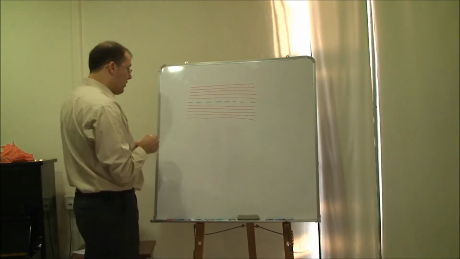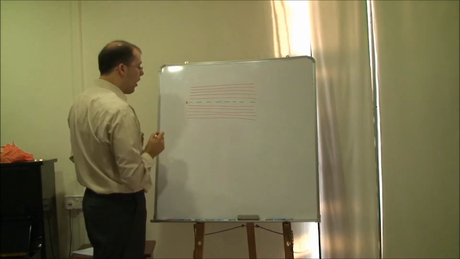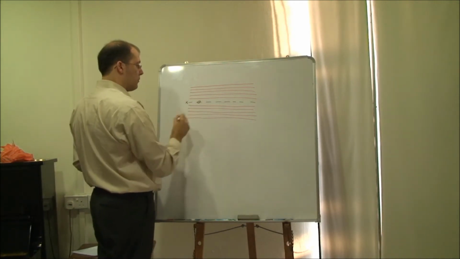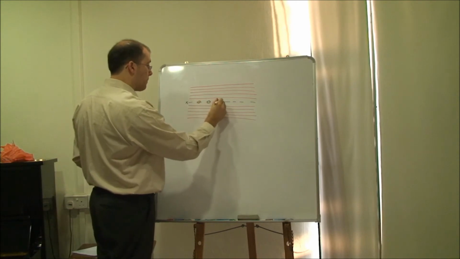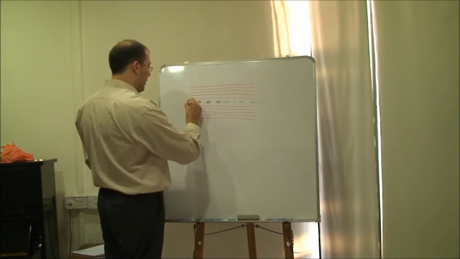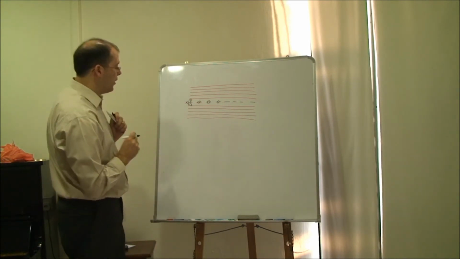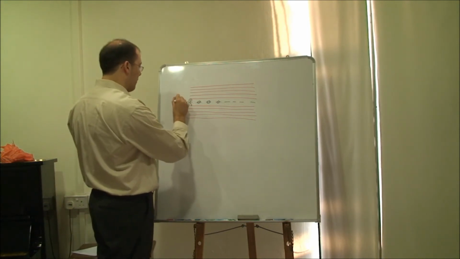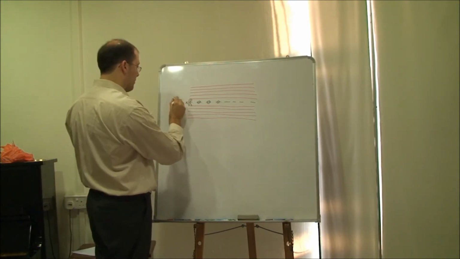Now the note in the middle here, on that line, is middle C. So middle C will sit over there. And this, coincidentally, is the note that's indicated by the alto and tenor clef. So both the tenor and alto clef point to this note over here.